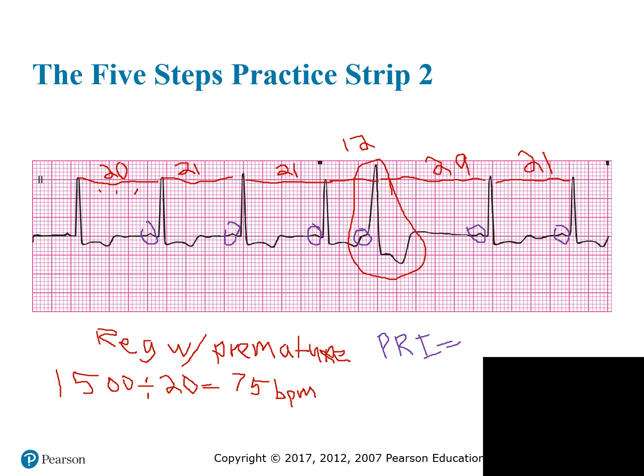And we're going to go in blue. So remember, we go from the beginning of P, which is here. Miss Tina can draw a straight line. There we go. To the beginning of QRS.